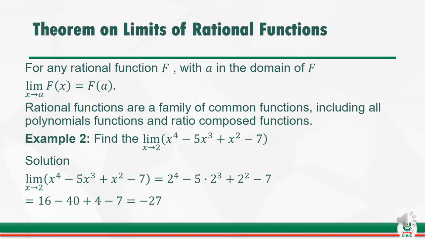When we substitute directly, look at this. We have s raised to the power 4 minus 5s raised to the power 3 plus s squared minus 7. Where we see s, we replace it by 2. So s raised to the power 4 becomes 2 raised to the power 4, minus 5 times 2 raised to the power 3, plus 2 squared, minus 7. 2 raised to the power 4 gives us 16, and 2 raised to the power 3 is 8. 8 multiplied by 5 is 40, plus 4, minus 7.